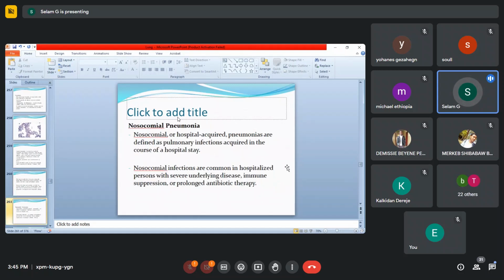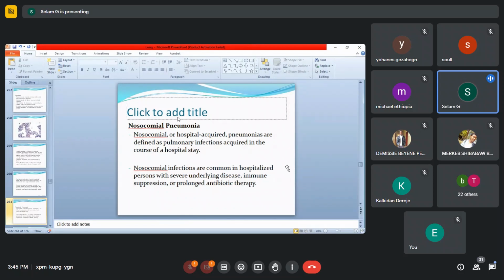Nosocomial pneumonia, or hospital-acquired pneumonia, is the other group of pneumonia where the agent is acquired in the setting of a hospital. So these are defined as pulmonary infections acquired in the course of a hospital stay. A patient may visit the hospital for another unrelated disease and may be admitted, and in the meantime the patient may develop pneumonia.